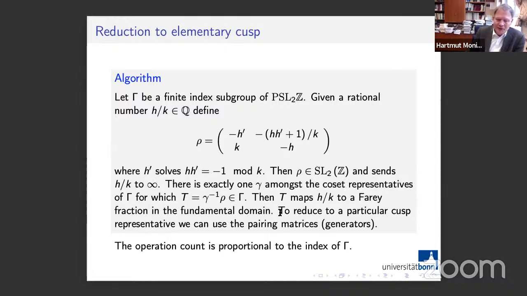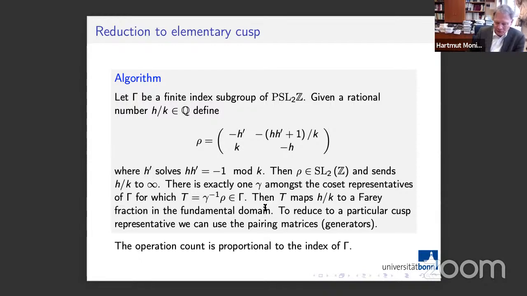Then the fundamental domain might contain a number of cusps which are equivalent. So you can map it again, by using the pairing matrices, to the smallest one of these cusps.